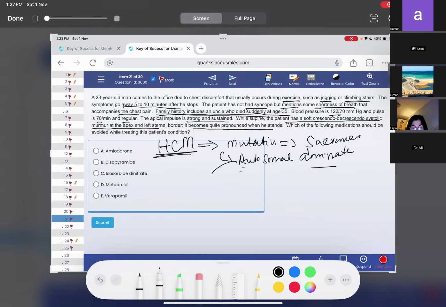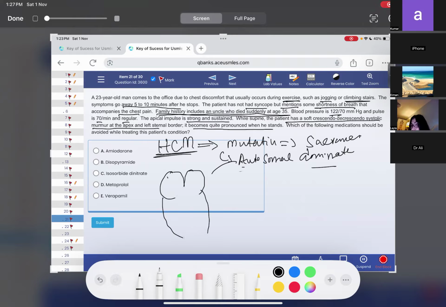I'll have to draw a heart for you here. So these are the atria, and these are the ventricles. In this condition, the septum is increased. So this is the normal heart.